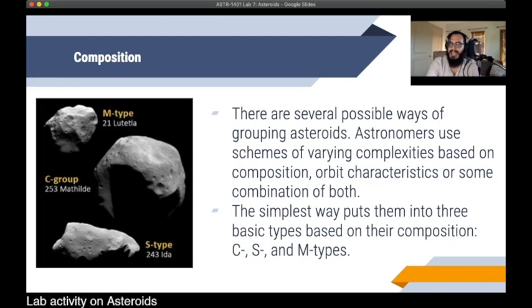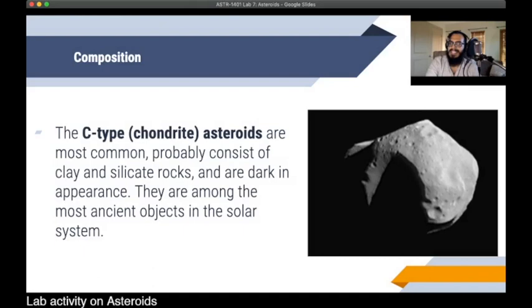The C type, chondrite asteroids, are most common. C type, most common. That's something you should keep in your head. They probably consist of clay and silicate rocks and are dark in appearance. They are among the most ancient objects in the solar system.